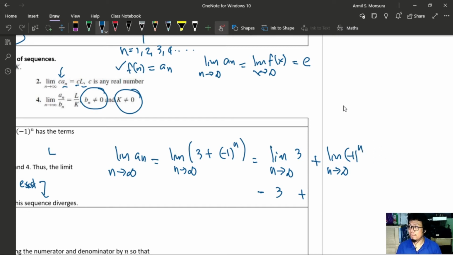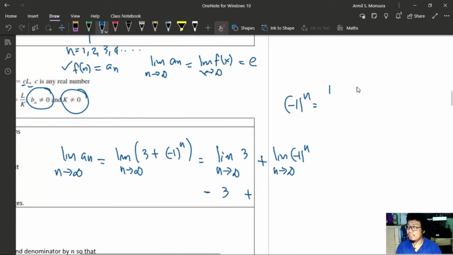Take note that negative 1 raised to n is equal to 1 when n is even, and negative 1 when n is odd. So there are two values that your function would be equal to, and we don't have information whether n, a very large number, is even or odd.